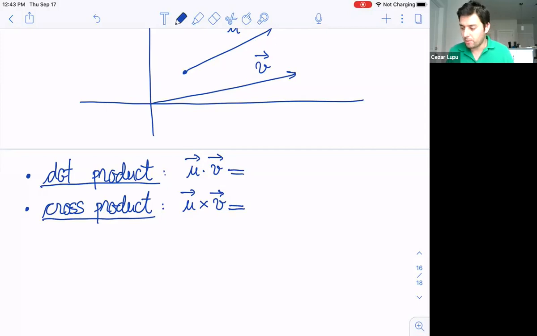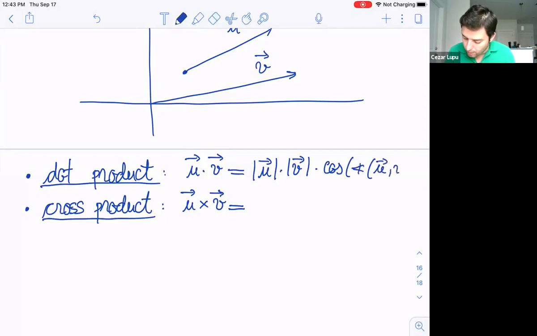The dot product will be nothing else than, by definition, the magnitude of u times the magnitude of v, times the cosine of the angle between u and v. So that's the definition. I'm sure you already know.